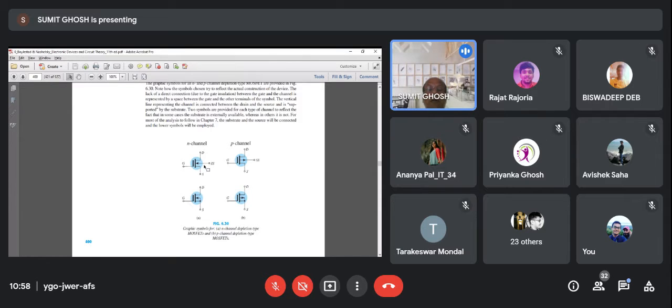For the N-channel, see, the channel is N. So there are 2 bars here, one bar short, another bar long. So this long bar is the channel, and this is the gate. For the P-channel, from the word itself, it is P-channel. So from P-type substrate to N-type, the arrow will be in this direction.